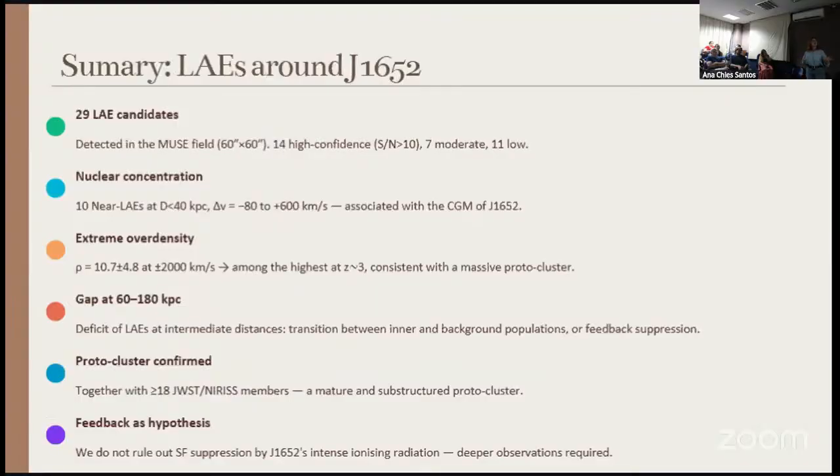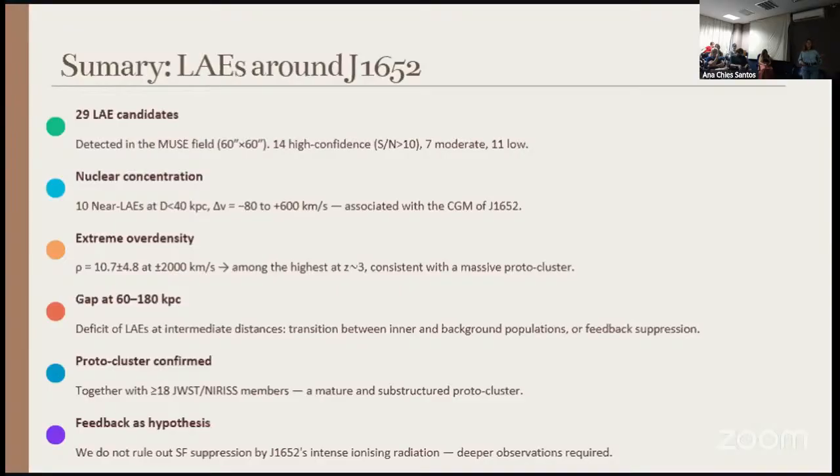So in summary, we find 31 Lyman-α candidate galaxies, 29 excluding the galaxy and the quasar itself. We have a nuclear concentration around the quasar. We have an extremely overdense region around this quasar, considering only the galaxies with a velocity offset between -200 and +200 kilometers per second.